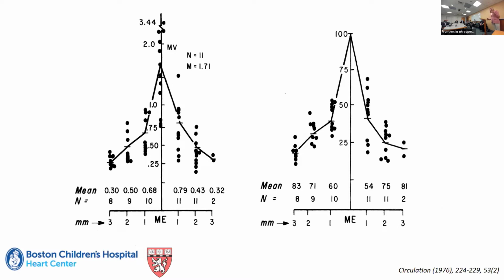And I think the 2 main considerations they found here are, one, that within 3 millimeters from the His bundle, you can almost not obtain a His signal. So it's within a sort of 3 millimeter range on either side of the central maximal electrogram that you can measure this. They also noted a fair amount of variability in the amplitude of the signal that they were actually able to obtain.